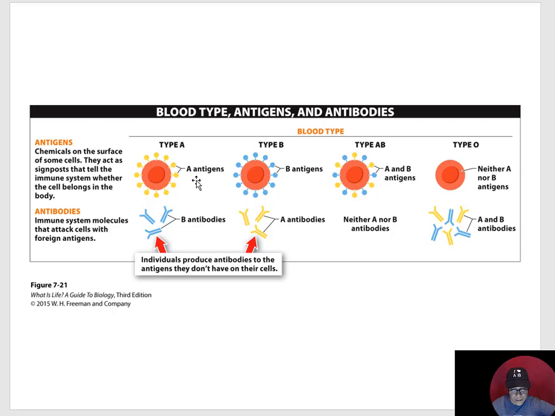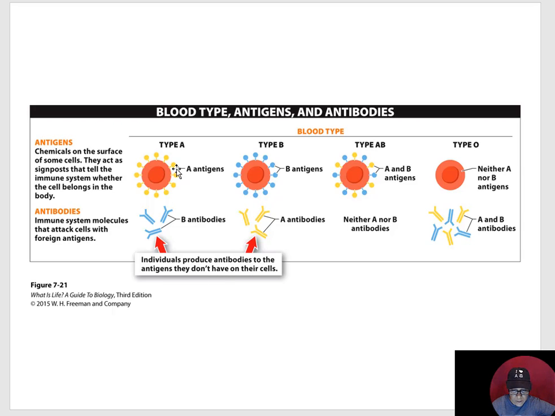So, antigens, as you know, are proteins on the surface of some cells. They act as signposts that tell the immune system whether the cell belongs in the body. So if you have type A blood, you're expressing A antigens, and individuals, as we know, produce antibodies to the antigens that they don't have on their cells.